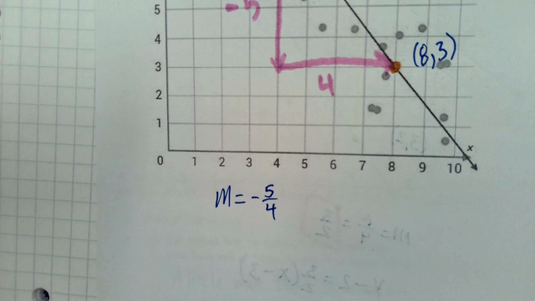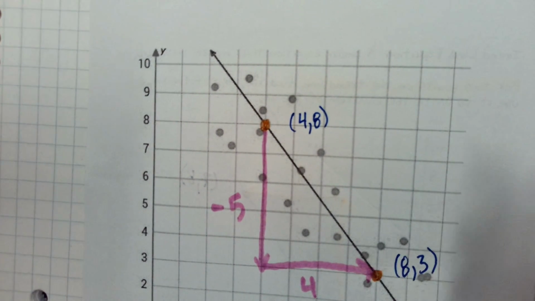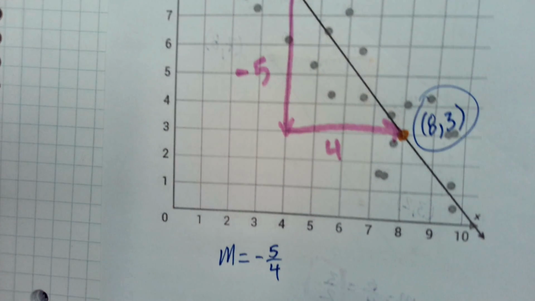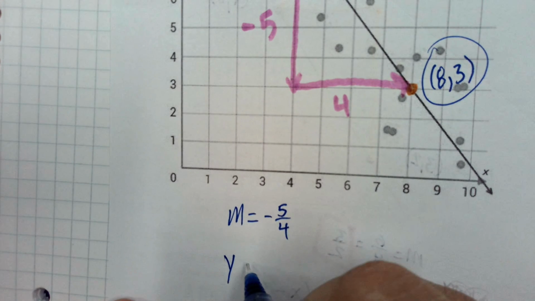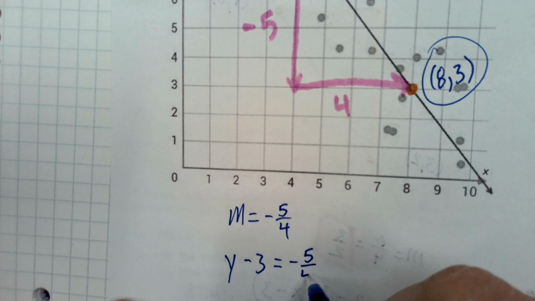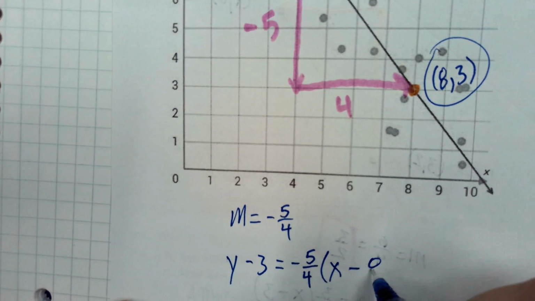Okay. So let's use that one. Negative 5/4. And we'll pick a point. I'll use 8, 3. So it's going to be y take away 3 equals negative 5/4 parentheses x minus 8.